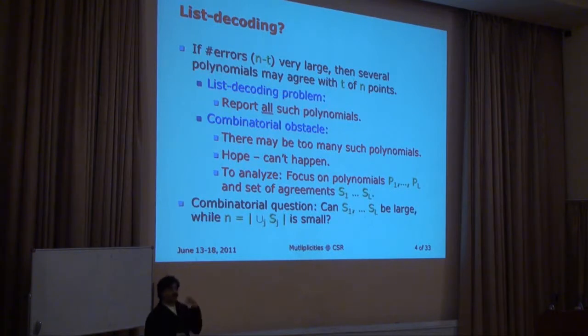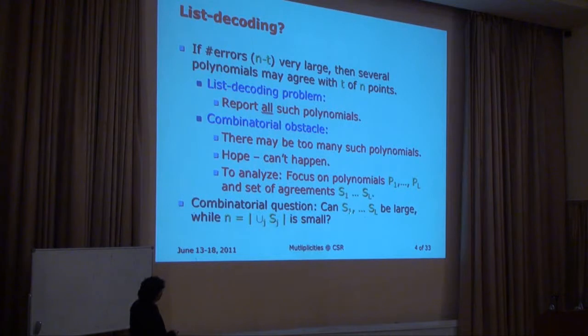Suppose for contradiction that there are polynomials p1, p2, p3 and so on to p sub L, L polynomials, and each polynomial P sub i has an associated set S sub i where it agrees with the data. So S sub i is a subset of these x1 to xn's. And the combinatorial question is the following.